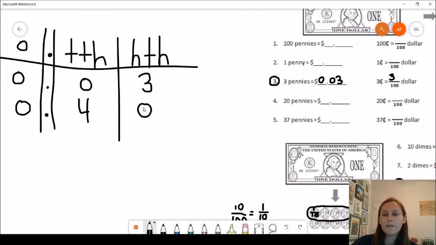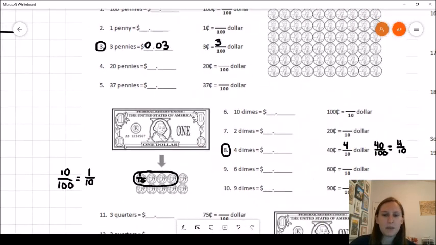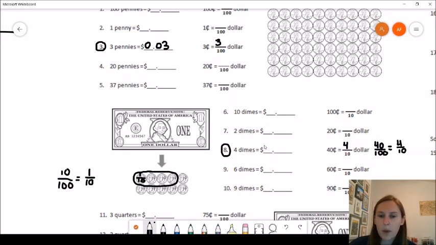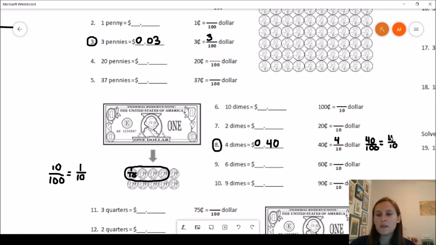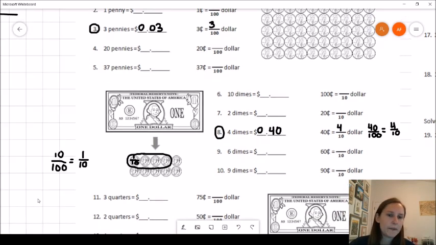So 4/10ths and 40/100ths are equivalent. So even though we would write 4/10ths as 0.4, we're going to write our money as 0.40 going out to the hundredths place, because there are 100 cents in a dollar. So for 4/10ths of a dollar as a decimal, I'm going to write 0.40, which would also be 40/100ths of a dollar, because that's 40 cents out of 100 cents in a dollar, which is 4 out of 10 dimes in a dollar.